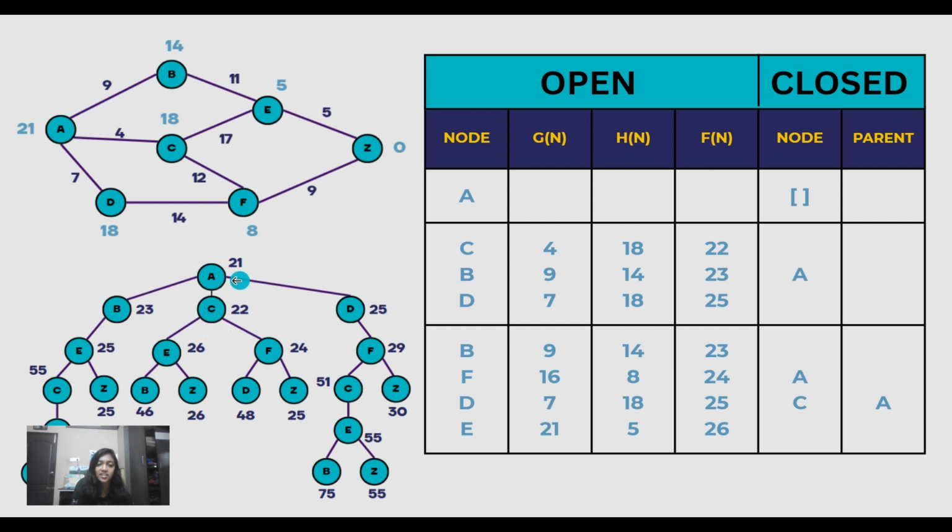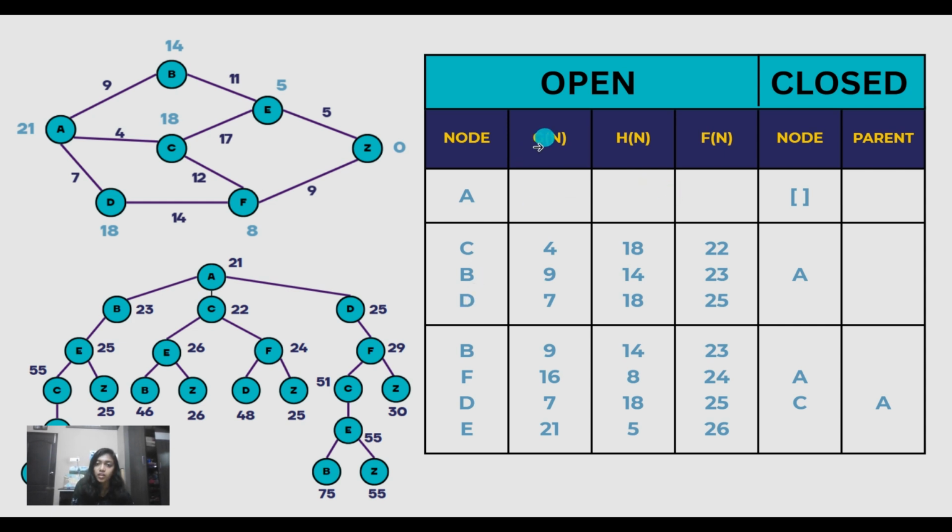C has the least f of n value, so I will write C first. B has the second least f of n value, so I will write B in the second place. And D has the highest f of n value, so I will write it in the third place.